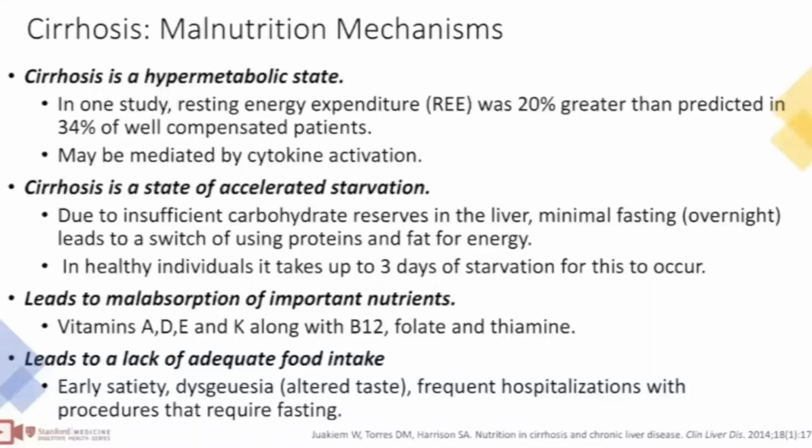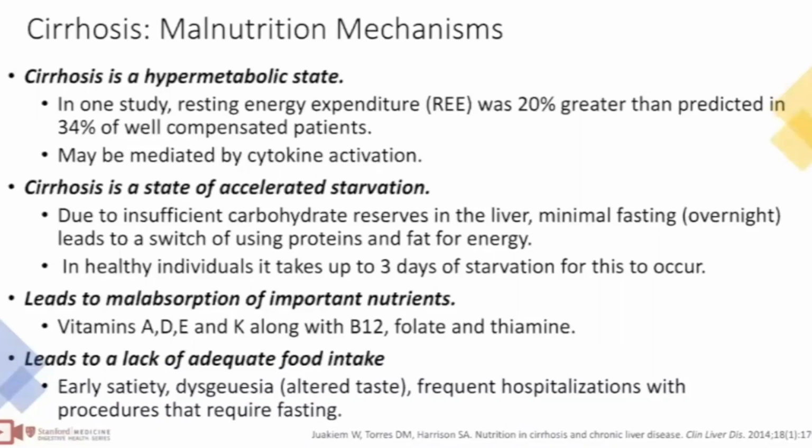Cirrhosis is a hypercatabolic state. When the patient falls into decompensated cirrhosis, that is already a hypercatabolic state. In one study, resting energy expenditure was 20% greater than predicted in 24 of well-compensated cirrhosis.